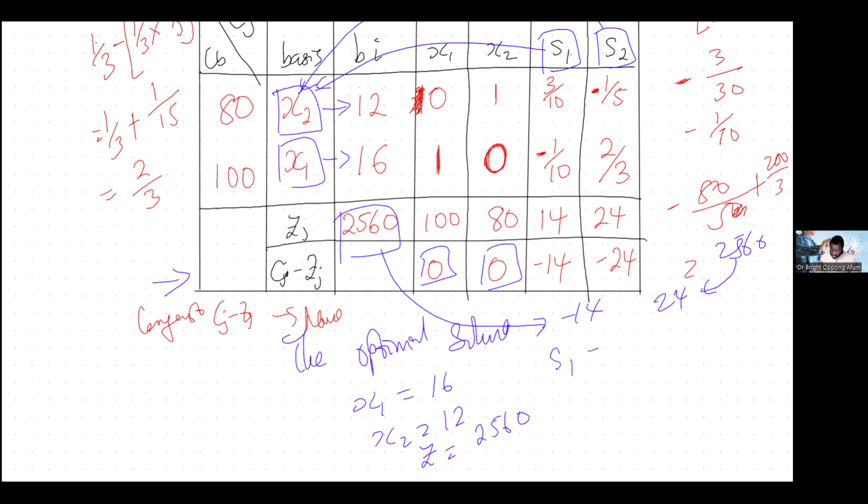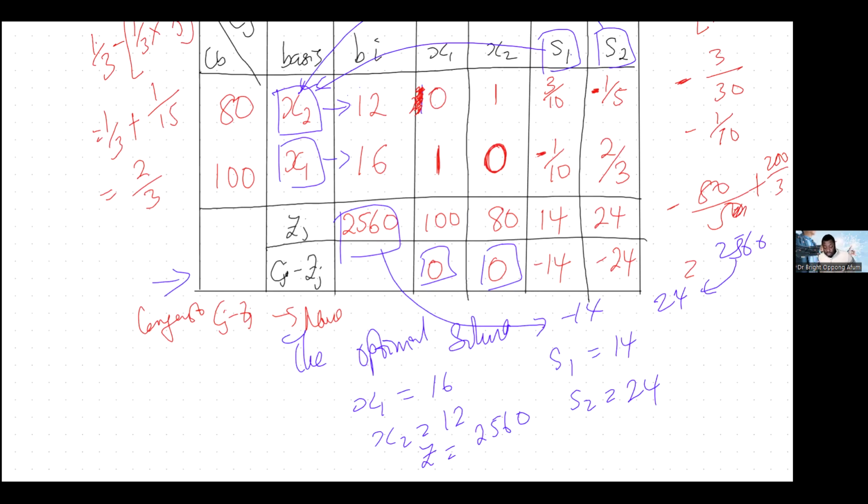S1 is 14 and S2 is 24. So that's what we do, right? You can see that this iteration needs attention. You need to be careful when you are working on this, and really take your time and work it out.